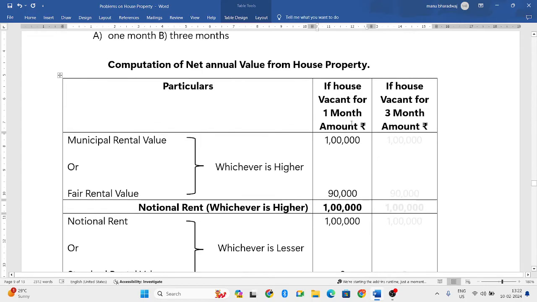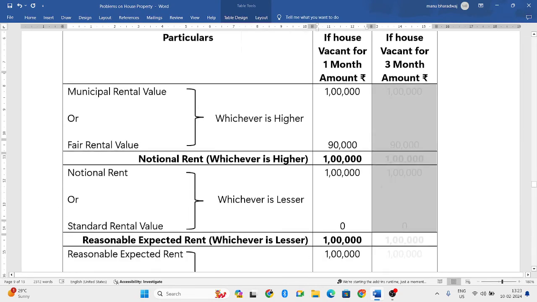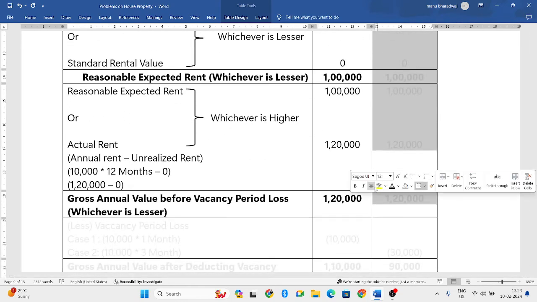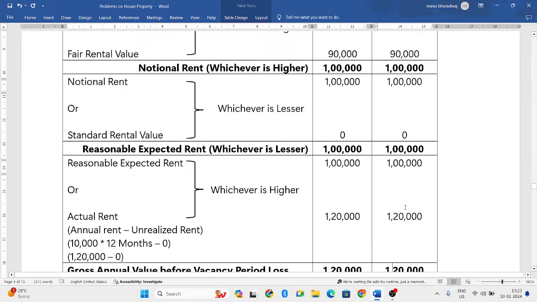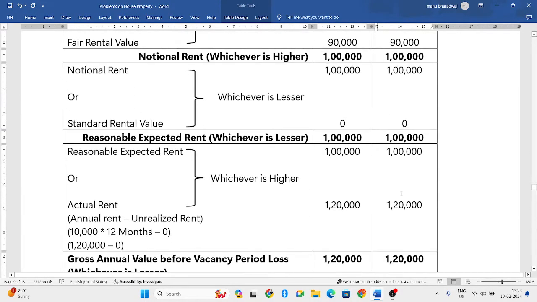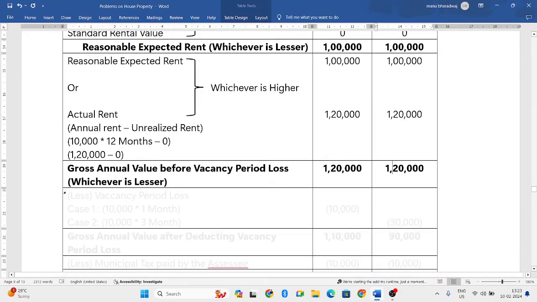So this is for when the vacancy period loss is 1 month. Second situation, vacancy period loss is 3 months. Till here everything is same. Till the GAV before deducting vacancy period loss, everything is same because the only change is in the vacancy period loss. Now we have to reduce the vacancy period loss.